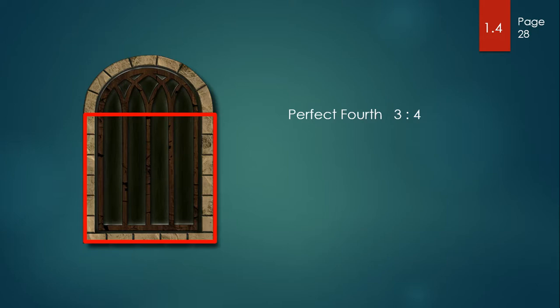So let's suppose this window is supposed to be shorter along the horizontal dimension and longer on the vertical dimension. And the horizontal dimension measures 4.5 feet. We want to know how long this longer vertical dimension is. So if we look at the ratio described by a perfect fourth, we're comparing 3 parts to 4 parts, 3 being the shorter part, 4 being the longer part.